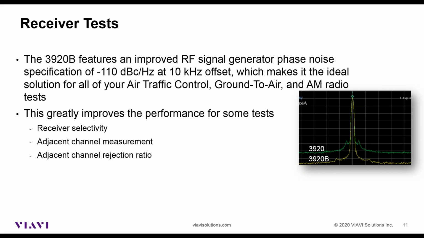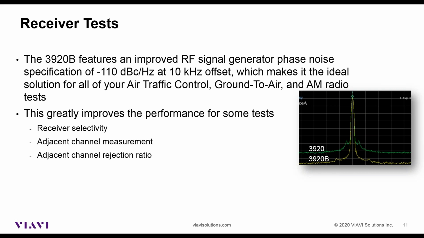And that's because you get to the point where we sum the power in the channel bandwidth of the radio, and you get to the point where the phase noise can contribute, shall we say, a significant proportion of that. So it can in some ways compromise the measurement. So by improving that phase noise, the measurement you get now is effectively the radio and not the radio plus the test set.